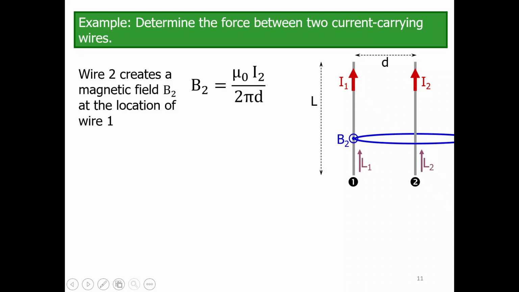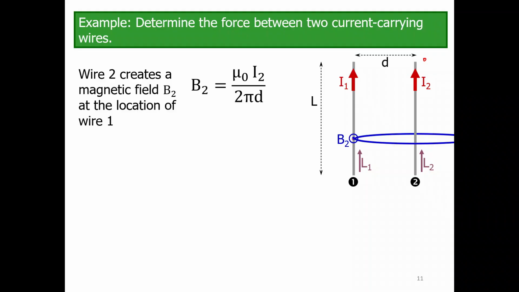So what happens is, wire 2 over here on the right is creating a magnetic field. I'm going to call it B2. This is the magnetic field created by wire 2. If I put my thumb towards the top, I know that it's making a counterclockwise loop.